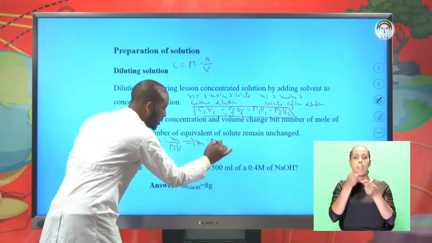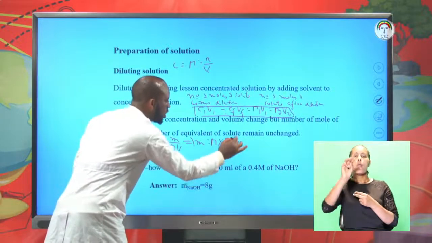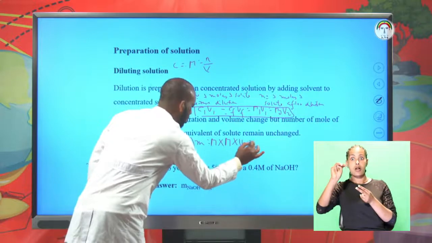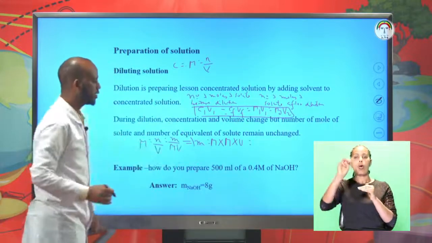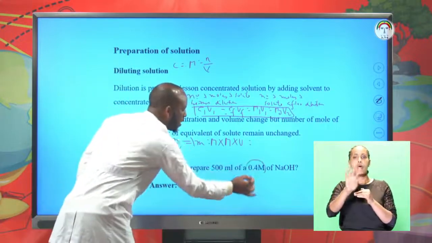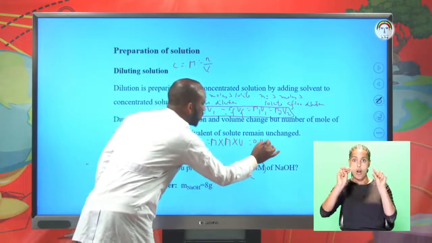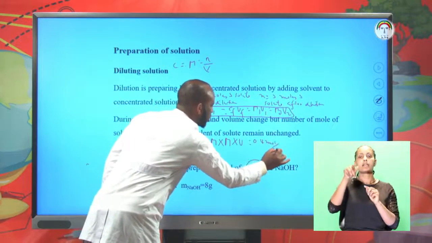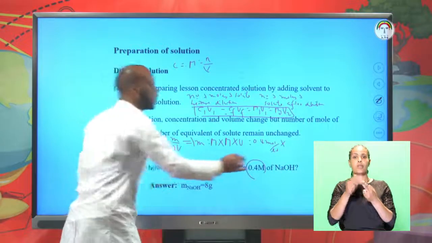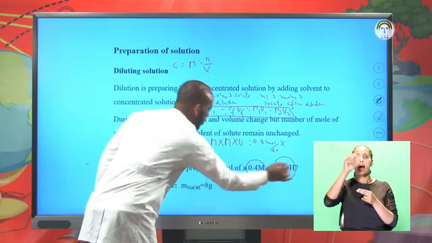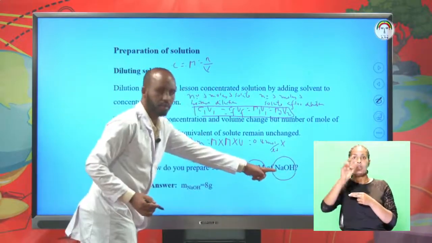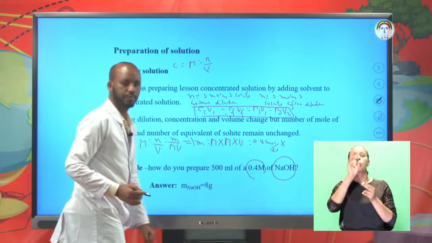Molarity of the solution is 0.4 mole per liter, times molar mass of sodium hydroxide. Sodium, its atomic mass is 23.